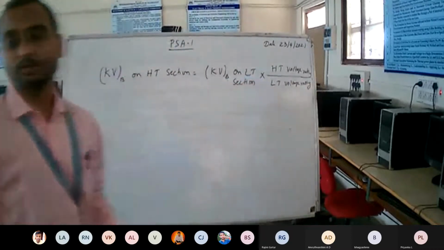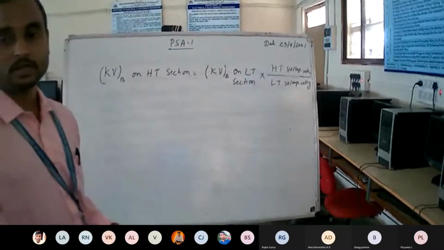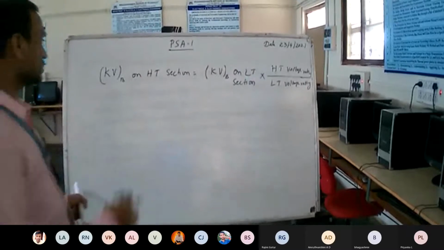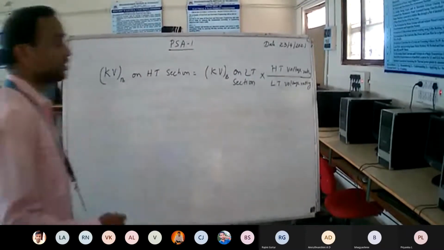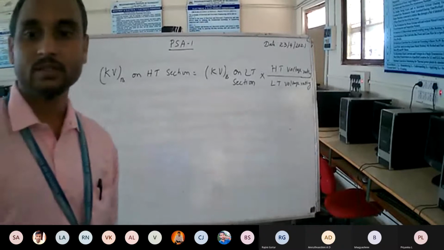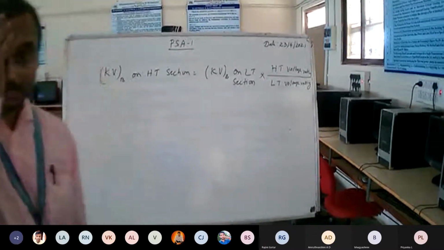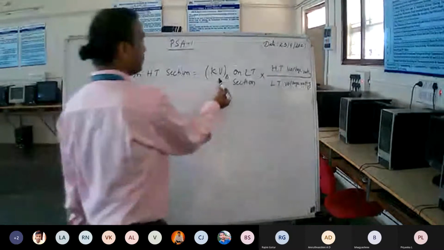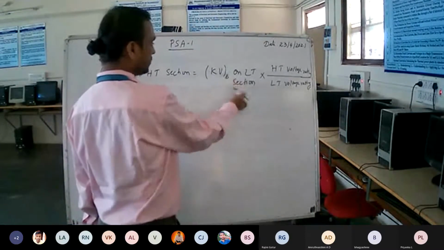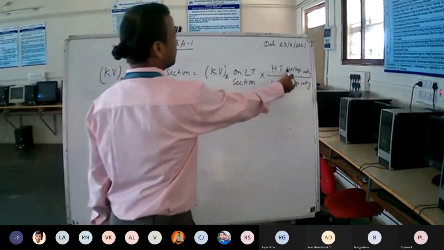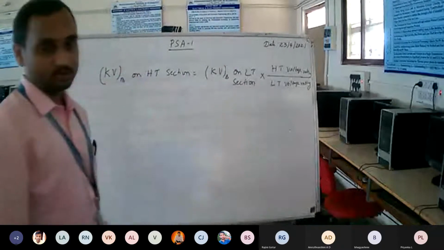While doing problems, these are important equations. Note down these things. While calculating the base kV on the HT side, that is the high tension side of the transformer or transmission line, it can be calculated by kV base on LT section multiplied by HT by LT voltage.